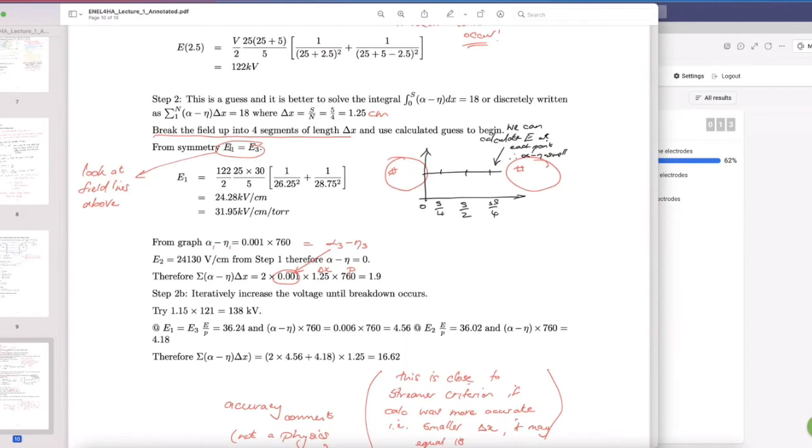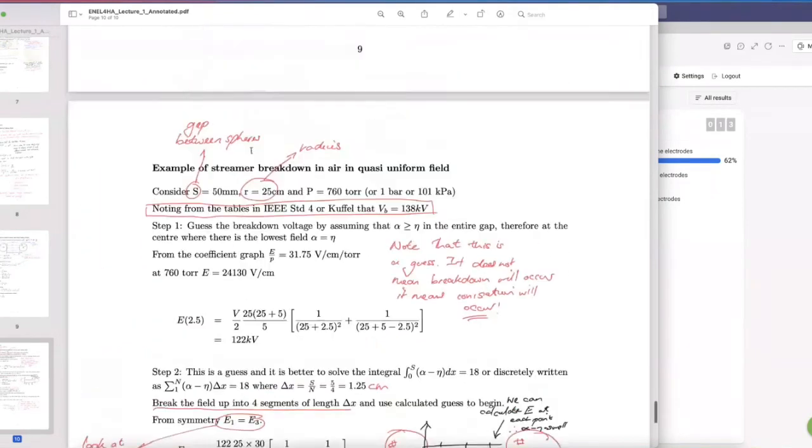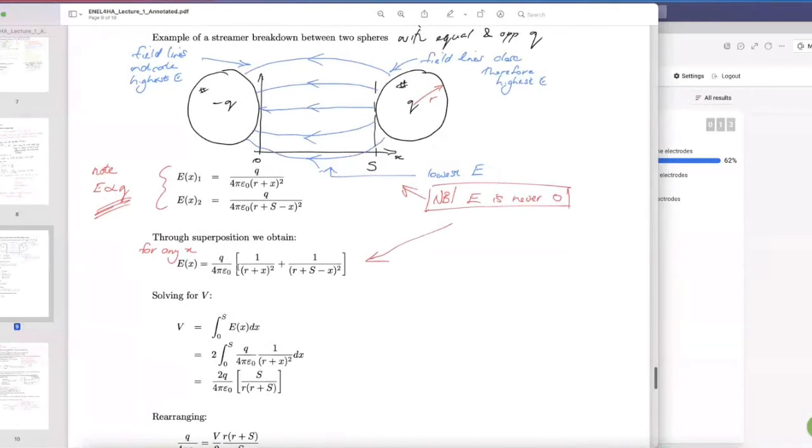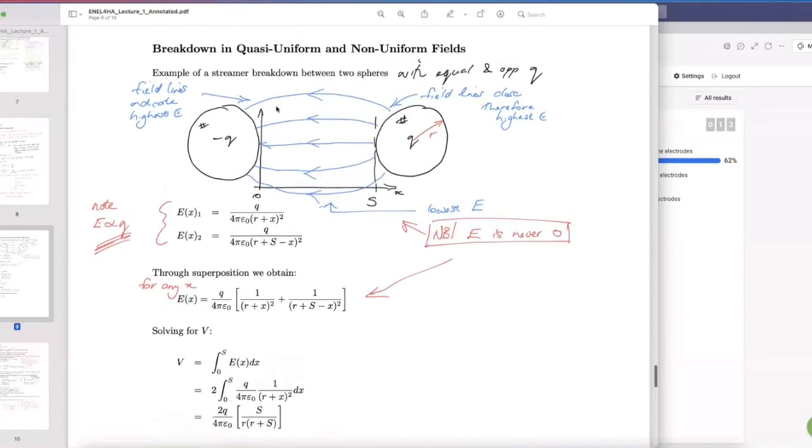Incidentally, E1 will be the same as E3 in magnitude. The direction will be opposite, but in magnitude it will be the same. So again, if we go back to our diagram, or even look at the equation, what you can see, the electric field will be same on the surface, and it'll be the same if it's the same distance away from the surface.